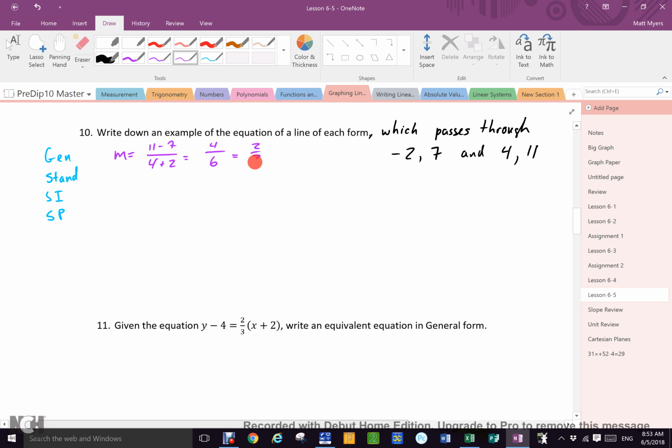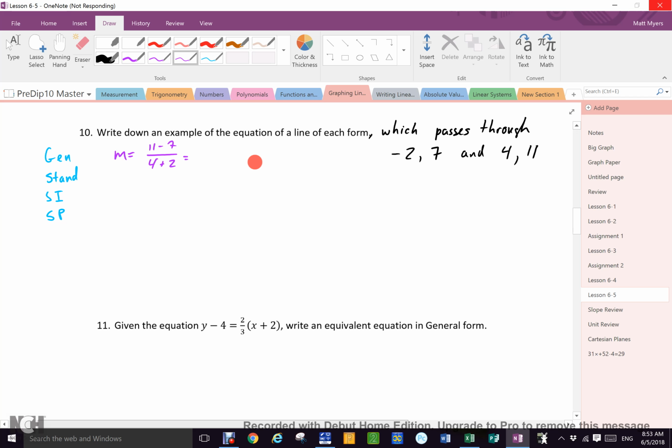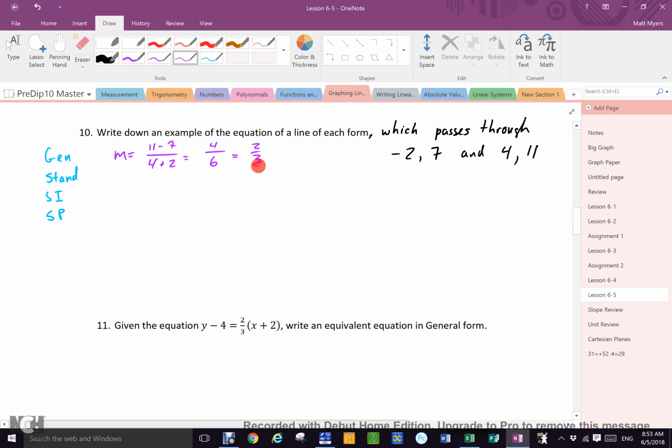Now, where should you go now? Does it matter? You just have to find out. It doesn't matter at all what one you do. What one would I start with? You should know this answer. Why? Because it is my favorite. Good job, Marley. Bonus points for you. Now, then, which of these must I use if I want to do point slope form?